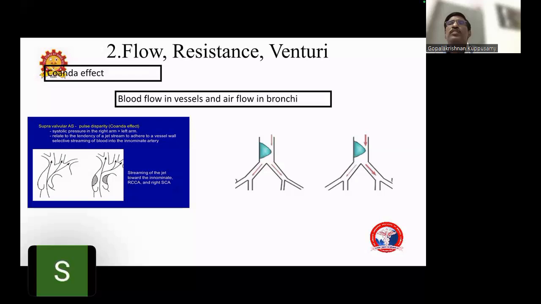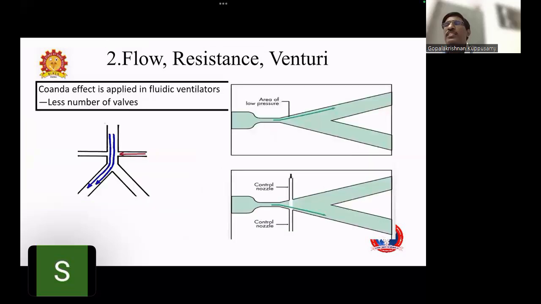If we come to the lung and there is a tumor in the bronchi, so there is a narrowing, and if there is a bifurcation after the narrowing, the Coanda effect occurs and the air flows preferentially towards one side. This Coanda effect is applied in fluidic ventilators, where there are fewer valves.